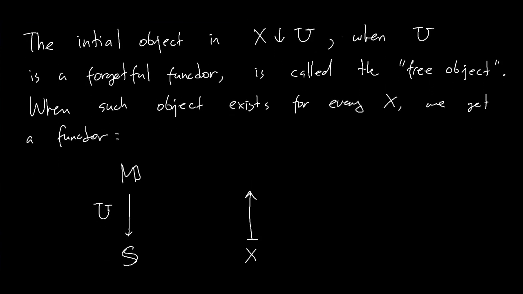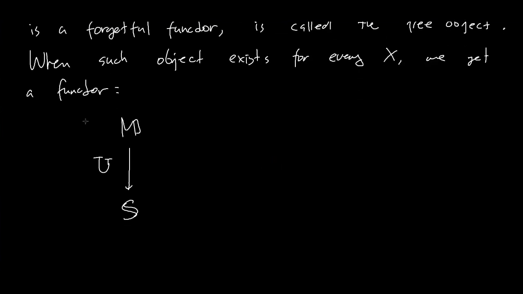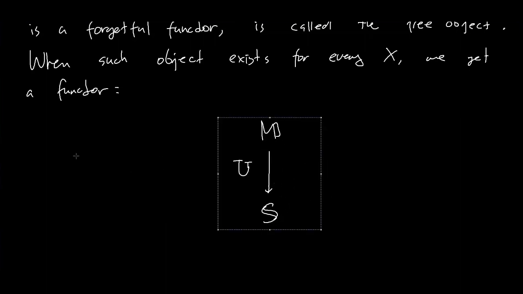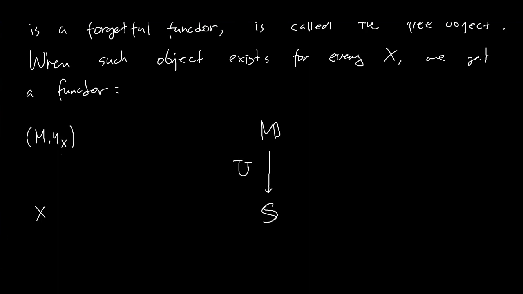So remember that initial object would have been, let me draw that separately. So for every X, I've got the special pair, M eta X, where this is initial in the comma category X comma U, right?